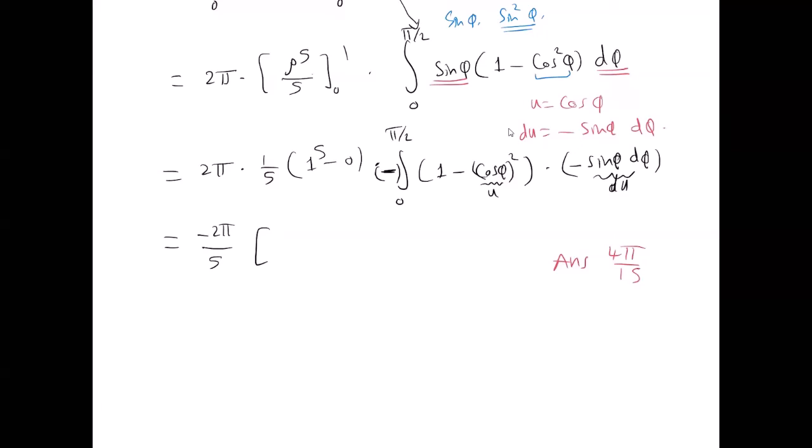It's u minus u cubed over 3. And u is cosine phi, so we get cosine phi minus cosine phi cube over 3, where phi goes from 0 up to pi over 2.